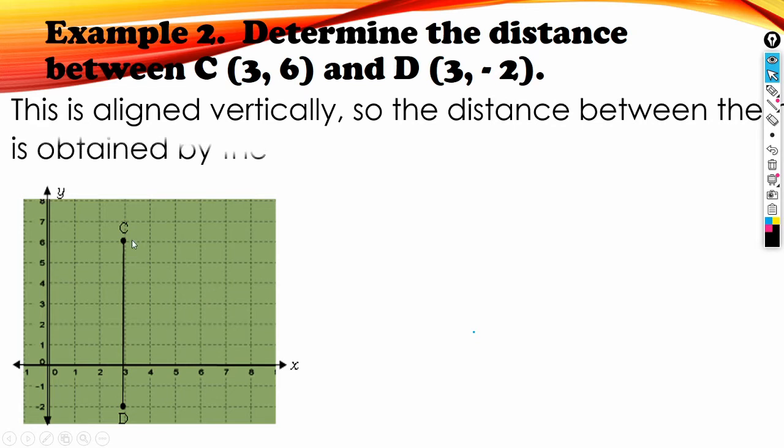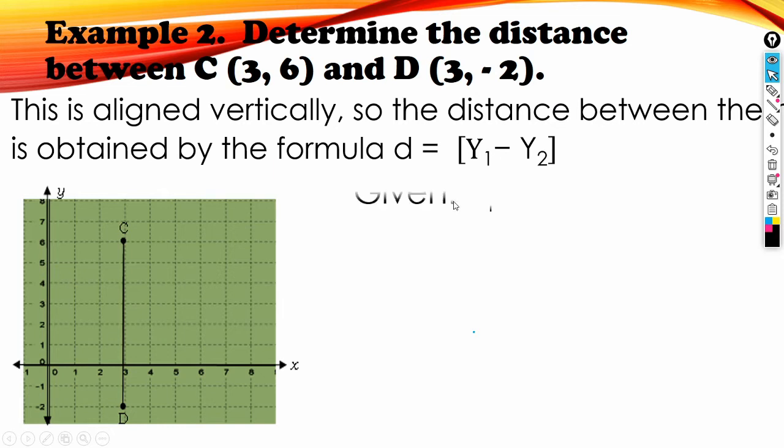So, the distance between them is obtained by the formula d is equal to the absolute value of y sub 1 minus y sub 2. So, yung y naman ang kukunin natin. So, heto po ang y. Bali, ang given natin ay y sub 1 is 6 and y sub 2 is negative 2.